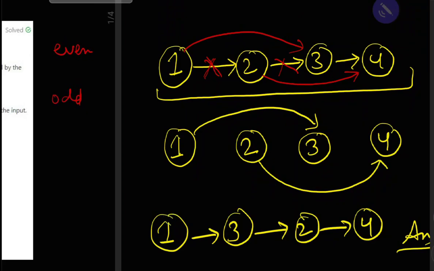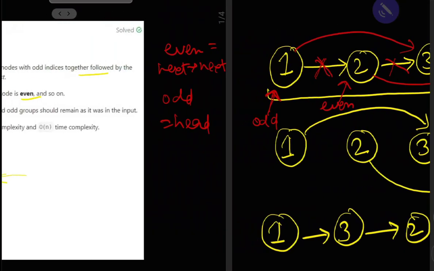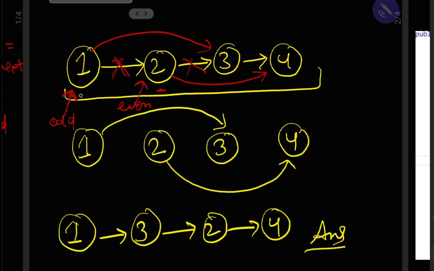So we will take an odd pointer and an even pointer. The odd pointer initially points to head, and even will point to head's next. Then we jump by one, skipping a node: from odd we go to odd's next. We apply a while loop because even is the second element and odd is the first.